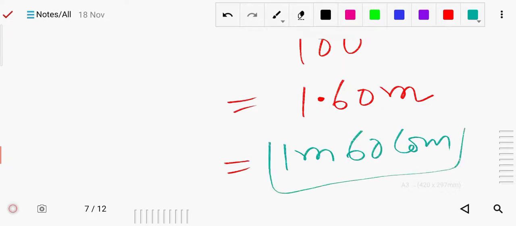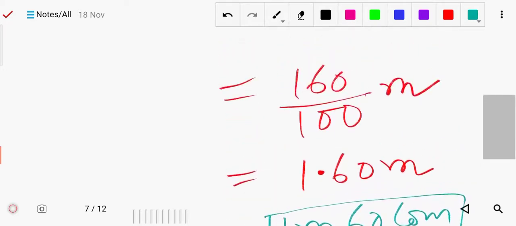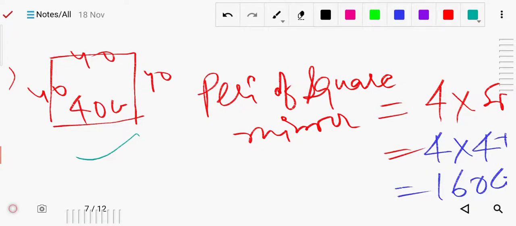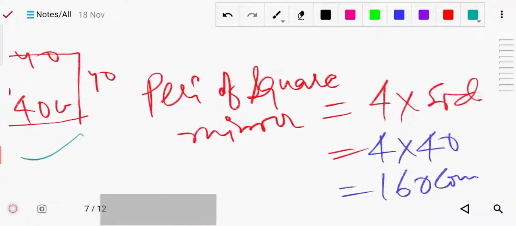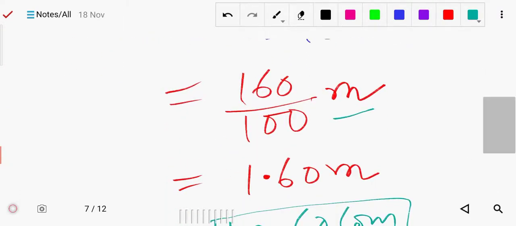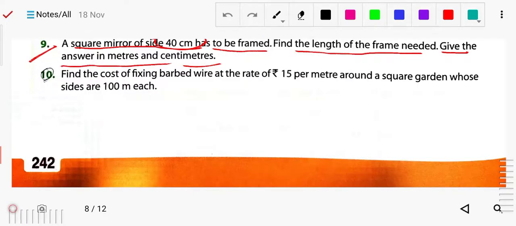So that's your answer. Okay, you just check it. Simple. This is a square, so we find its perimeter, and likewise we have solved it and converted into meter and centimeter, that we have done here. Got it?